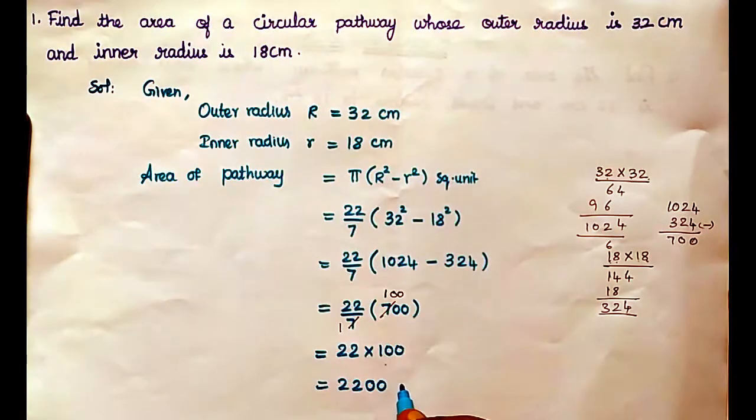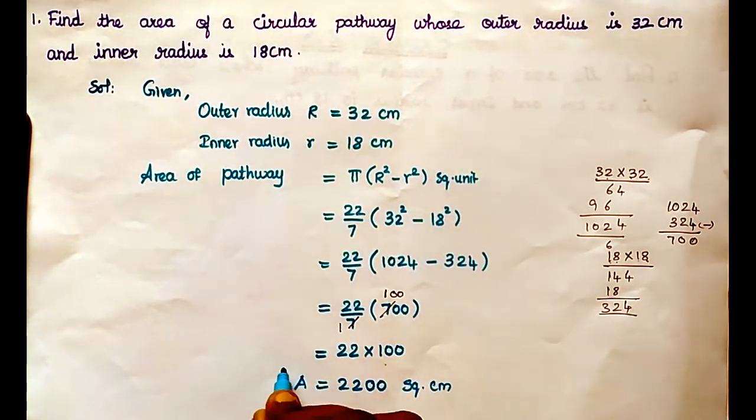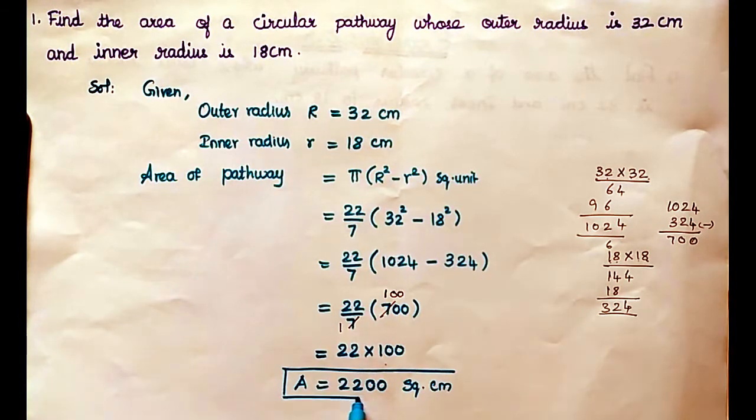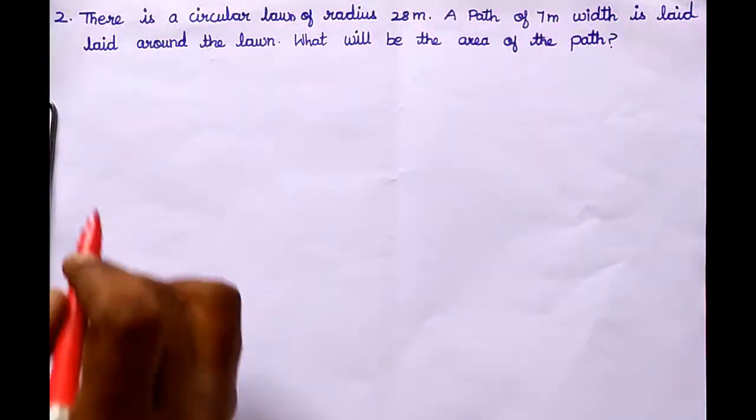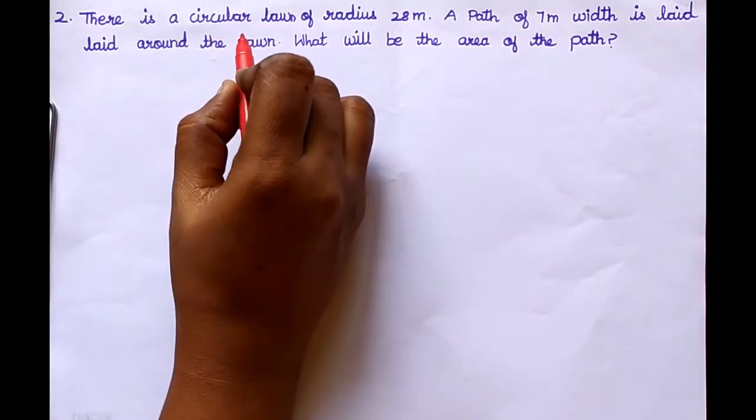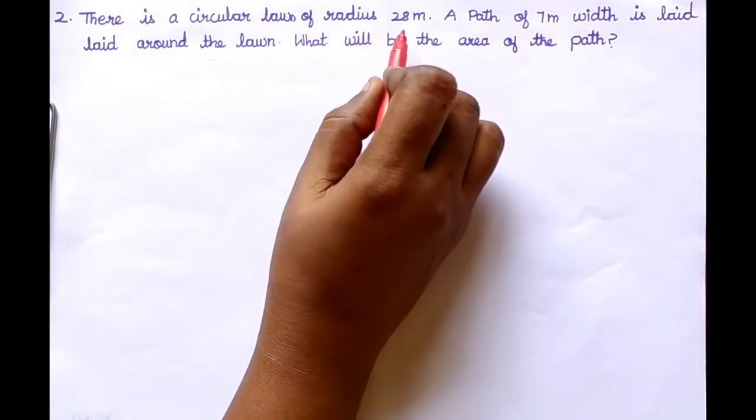It is in centimeter, so square centimeter, that is the area of pathway. That is the answer. Second sum: there is a circular lawn of radius 28 meter.